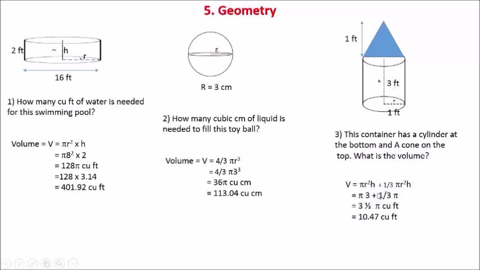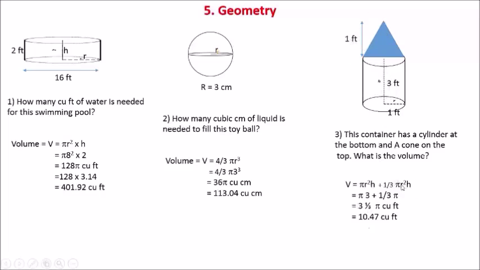And then plus 1/3 pi. And here, that R is exactly the same as this R, so R is exactly 1. R squared is 1. And then the height of this cone is different. This is 3 feet, the height of the cylinder, but this is the height of the cone. So the height of this cone is exactly 1 foot.